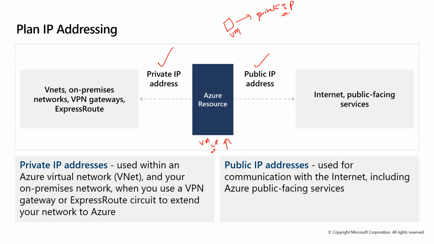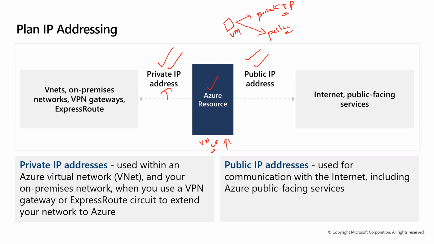Now, if the virtual machine I was explaining a minute back is hosting an internet-facing application, then it will also require a public IP address. So your Azure resources may require both private and public IP addresses, or only private IP addresses if not exposed to the internet.